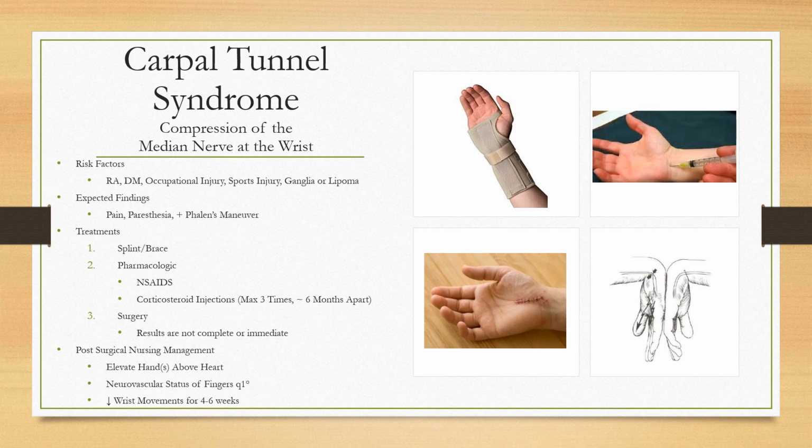Repetitive sports, right? Or an occupational type issue. So you're a painter and you're constantly brushing, flexing and extending your wrist all day long. Well, that's going to lead to a bit of edema in the carpal tunnel area and carpal tunnel syndrome. Sporting injuries.